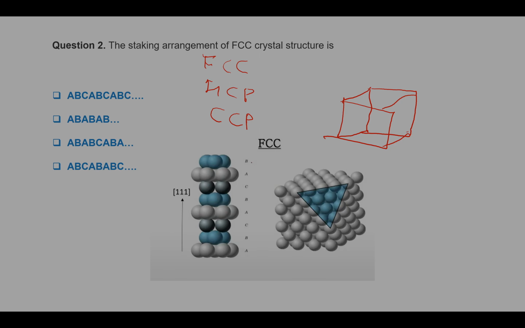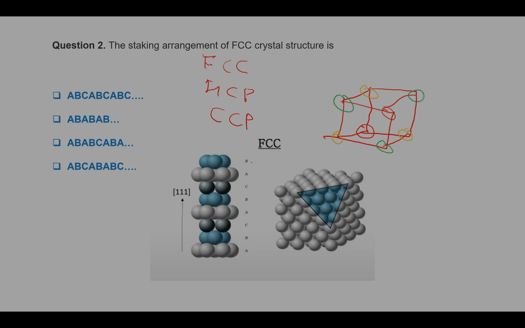I will take this atom as a red color; suppose that is atom A. Then these three atoms as a yellowish color, these three atoms as a greenish color, then again this atom red.